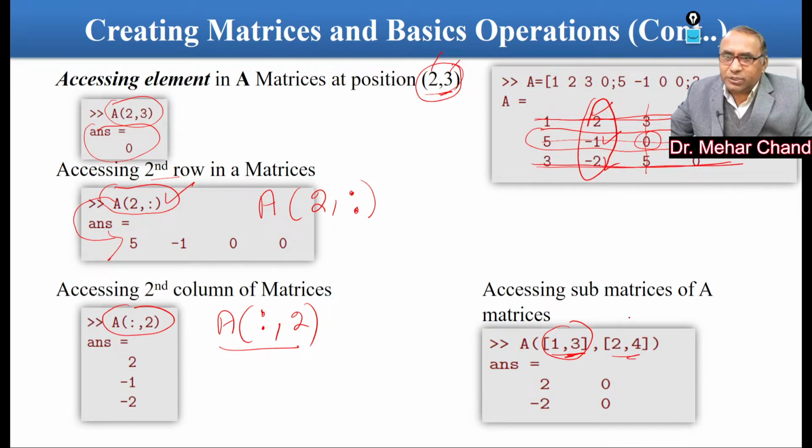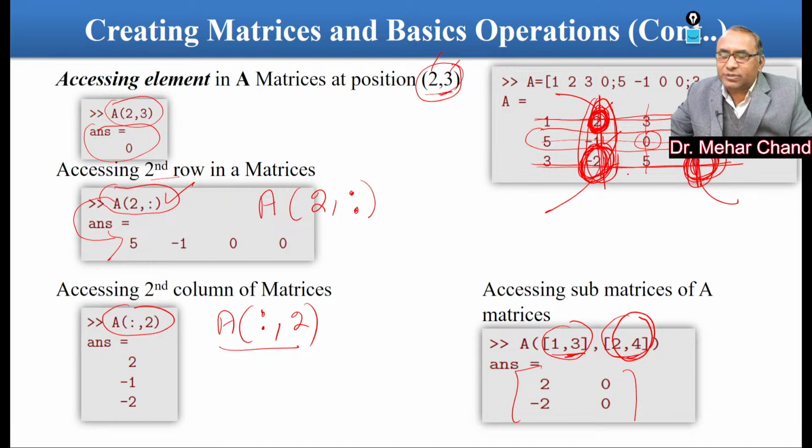And 2, 4 means second column and fourth column. This is the second column and this is the fourth column. So where these will intersect? See this point very carefully. Then this one, then this one. So these elements are, this one is 2, this one is -2, this one is 0, and this one is also 0. So this is the submatrix of this one.